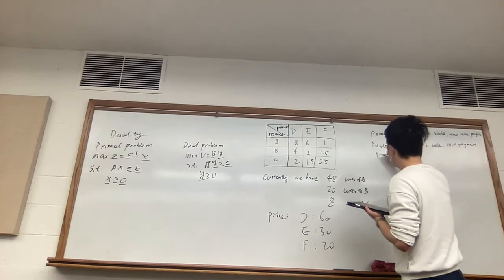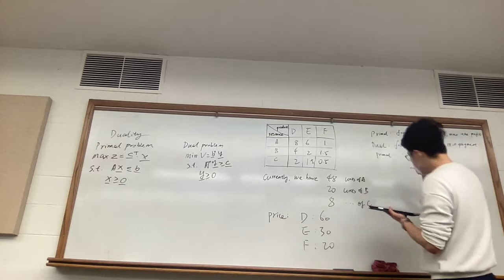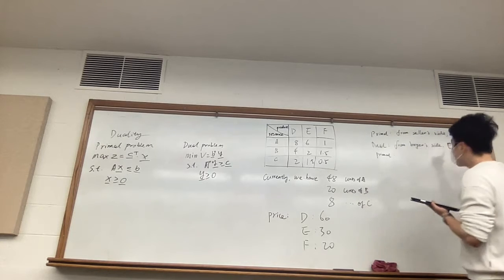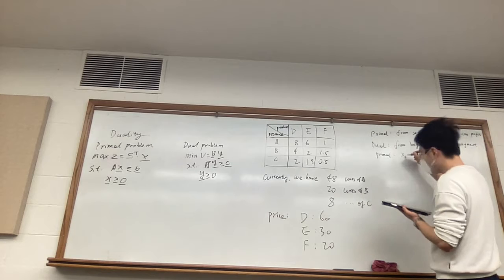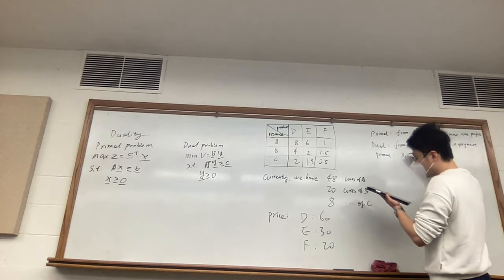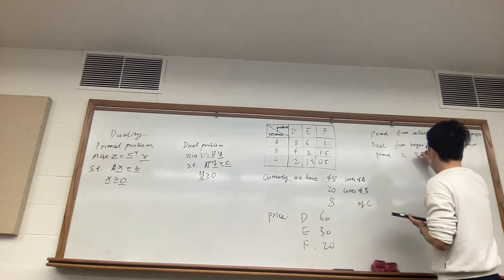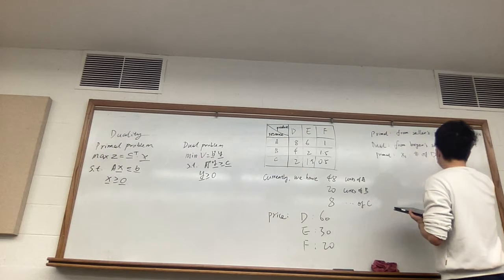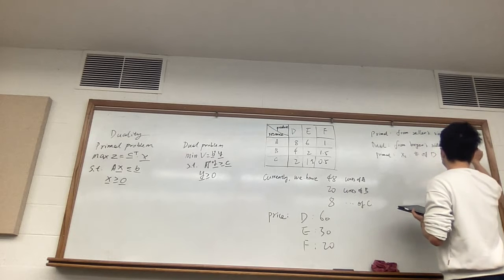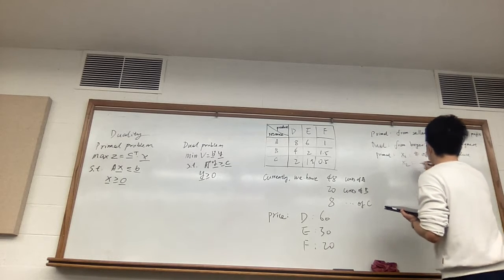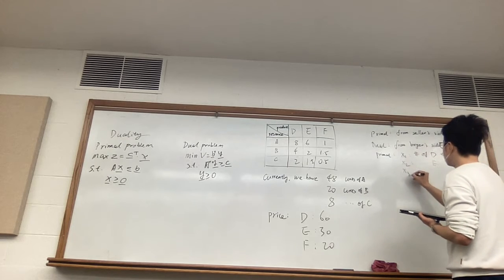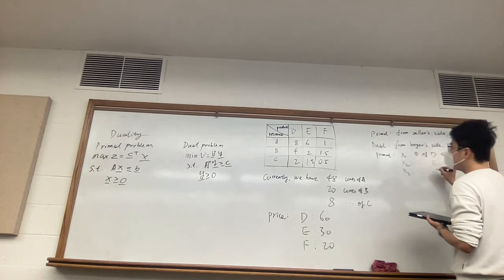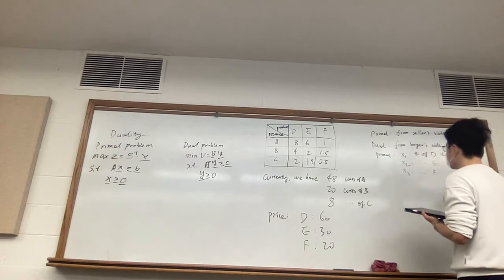So primal: suppose we want to maximize the seller's profit. We can design our decision variables as x1, the number of D to produce, x2, the number of E to produce, and x3, the number of F to produce.